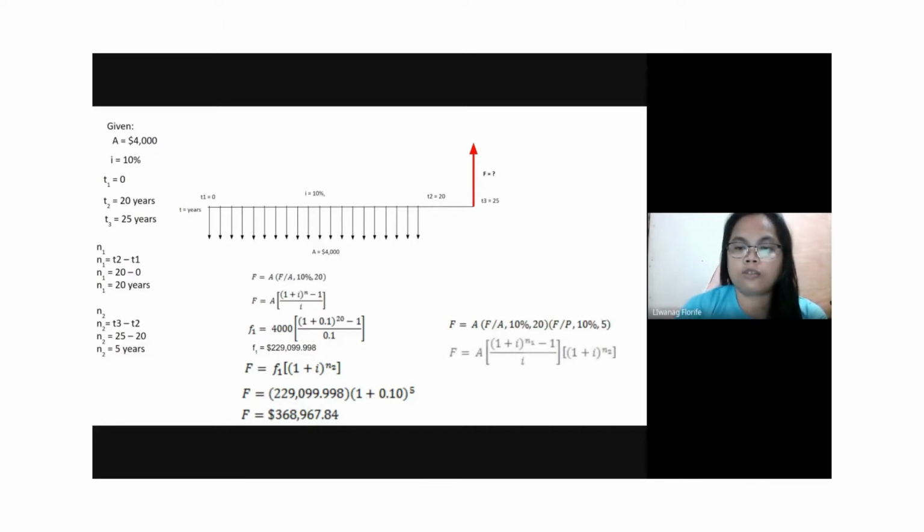And then using the formula, substituting all the values, A is equal to 4,000, i is 10%, N1 is equal to 20, and N2 is 5. So we have the F, the future worth value of Finn's investment, as $368,967.84. So this is the calculation of Finn's investment when he started investing from 40 years until 60 years until his retirement at the age of 65 years old.